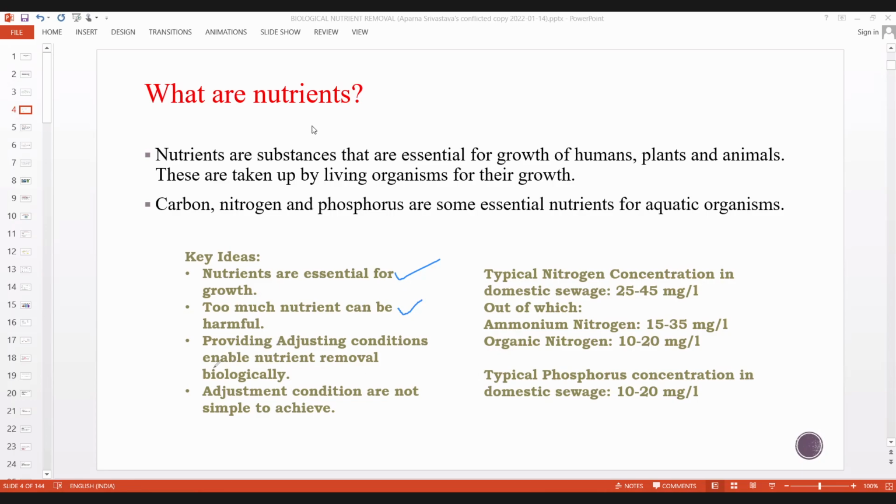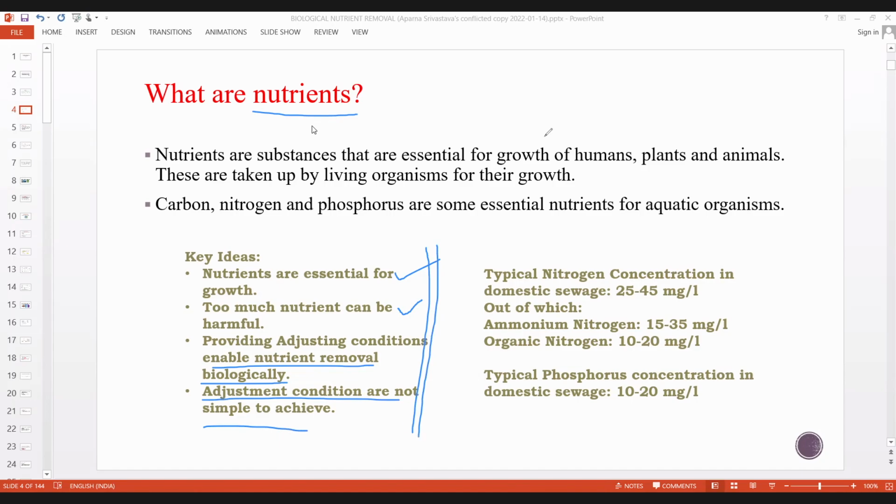Providing adjustable conditions enables biological nutrient removal, and most of the time we are focused on biological methods. But the problem is that adjustable conditions are not simple to achieve, and that's why sometimes simple biological methods are not able to remove these nutrients.